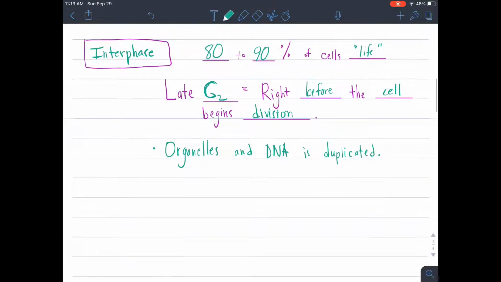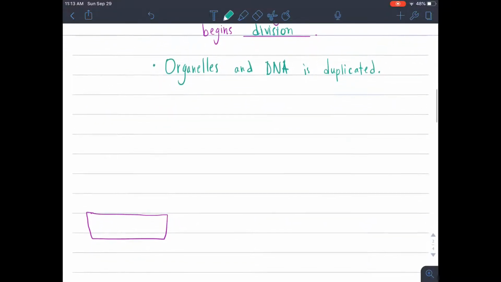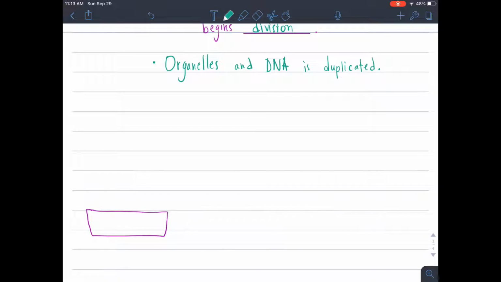Which means that there's a copy of themselves. So we have a double set of organelles, a double set of DNA, so that when the cell finally finishes this process of copying itself, each cell has the exact same stuff that the first cell had.